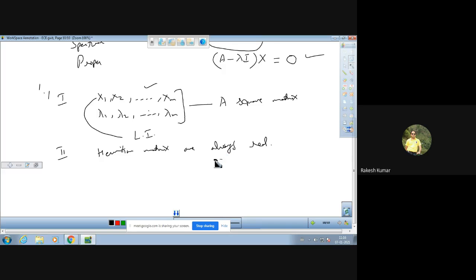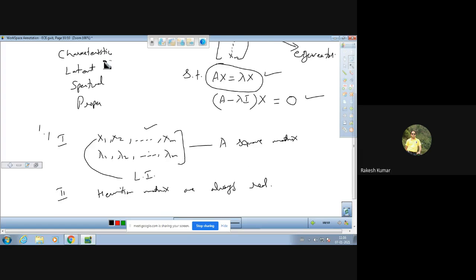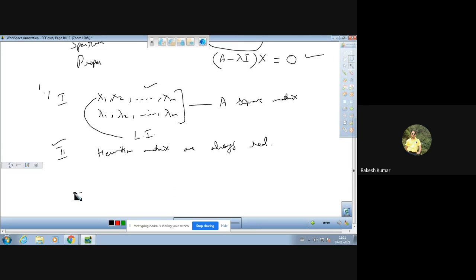Characteristic value और eigenvalue दोनों का मीनिंग सेम है. So the characteristic values और eigenvalues और characteristic roots of a Hermitian matrix are always real. ये प्रॉपर्टी आप लोग अपने माइंड में याद रखेंगे.